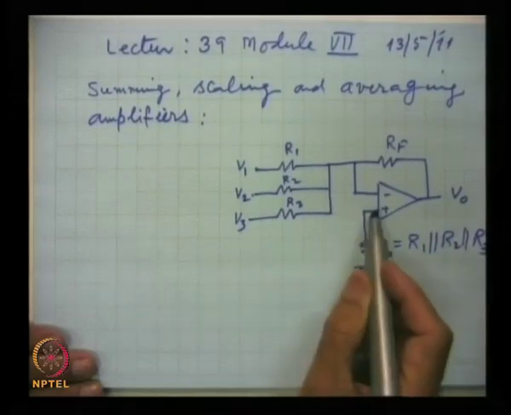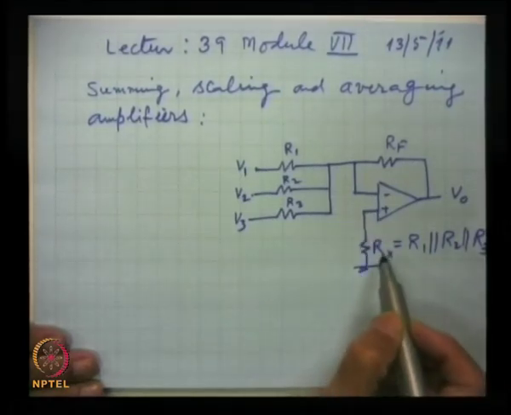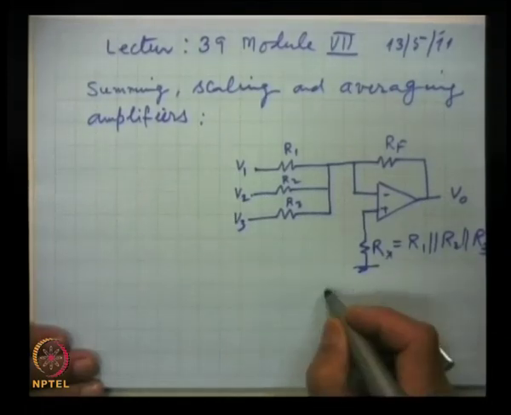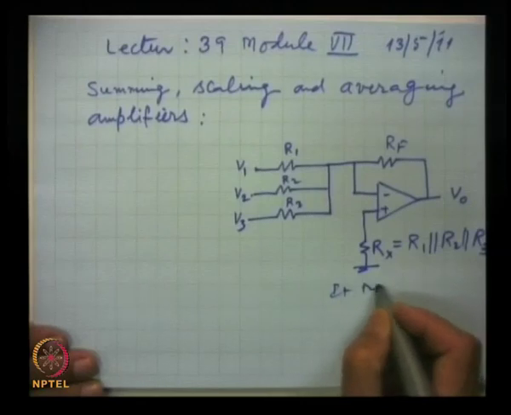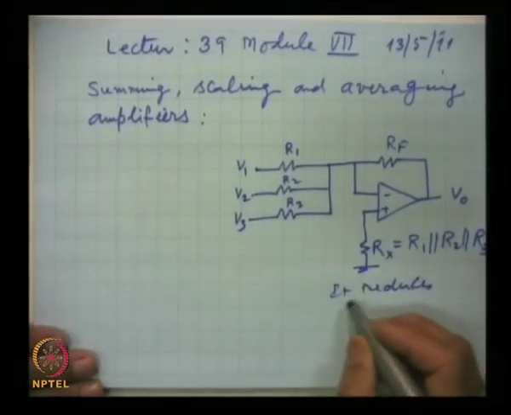It is still at ground potential, but not directly, but through a resistance, and this reduces the offset effects.